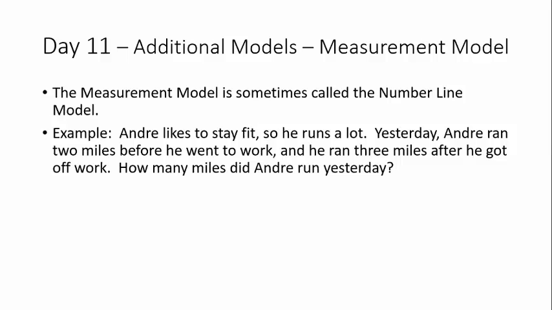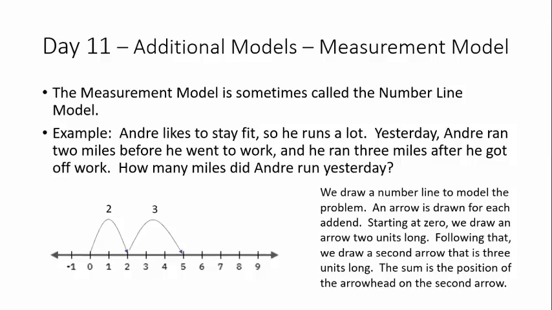So to model this, we will begin with a number line, and we will draw arrows to show the add-ins. Since Andre ran 2 miles before work, we start at 0 and hop 2 units. And notice the arrow begins at 0 and the arrowhead is at 2.